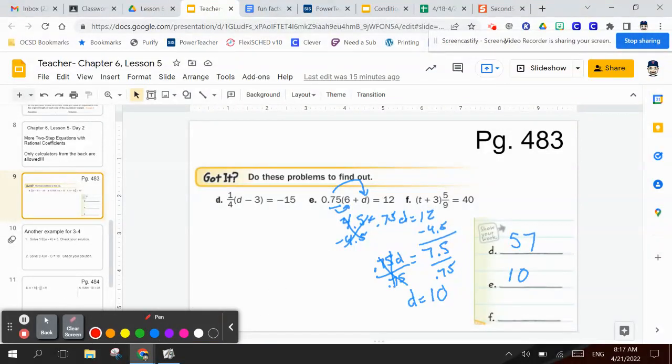And letter F, I have T plus 3 times 5/9 equals 40. So I'm going to take 5/9, multiply that by each of the ones on the inside. 5/9 times T is 5/9 T plus 3 times 5/9, which would be 5/3.